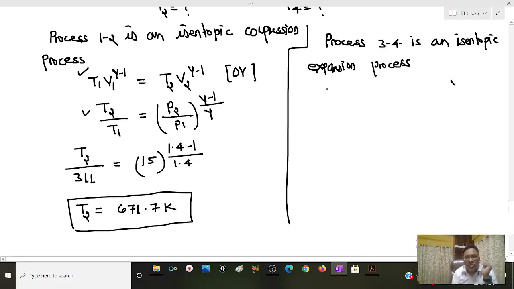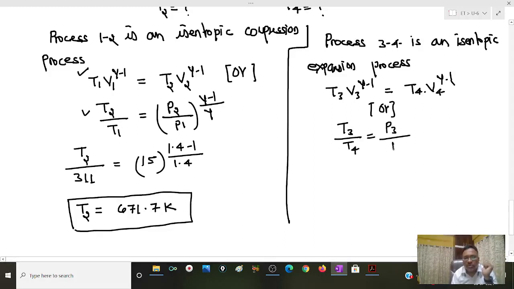So I can use this relationship, T3 V3 to the power gamma minus 1 is equal to T4 V4 to the power gamma minus 1, or I can use this relationship as well, T3 over T4 is equal to P3 over P4 to the power gamma minus 1 over gamma.